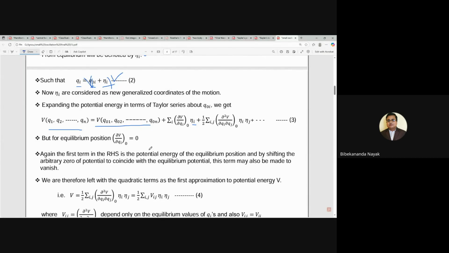If you remember, if you write x0 plus h, then you write f of x0 plus h del f by del x at x equal to x0. Here h is eta i, so eta i del V by del x0, and the higher term is half del square f by del x square at x equal to x0.